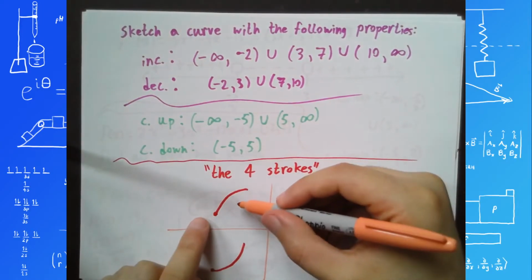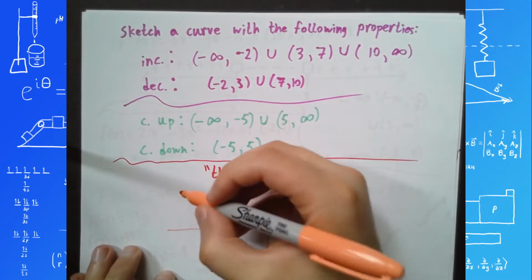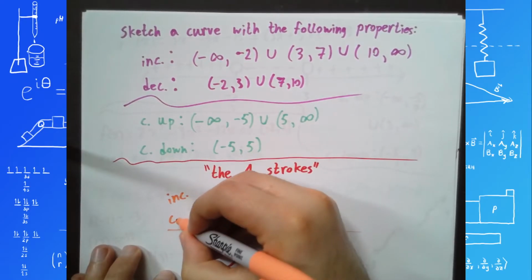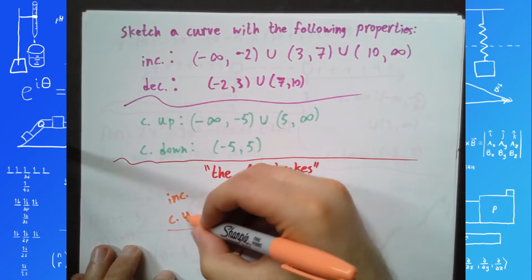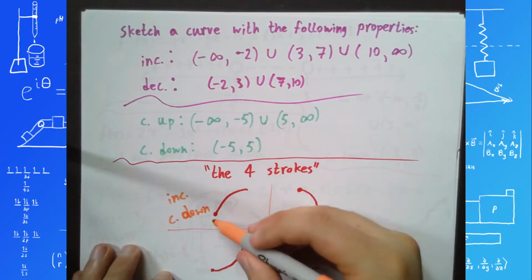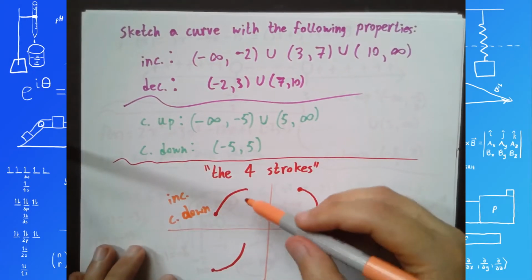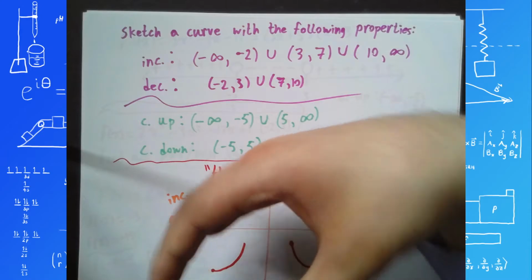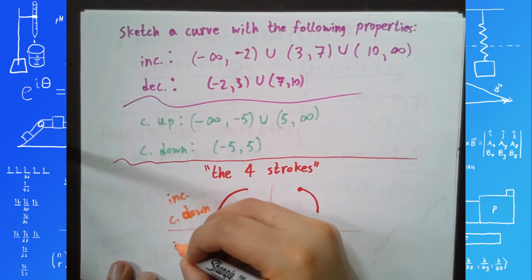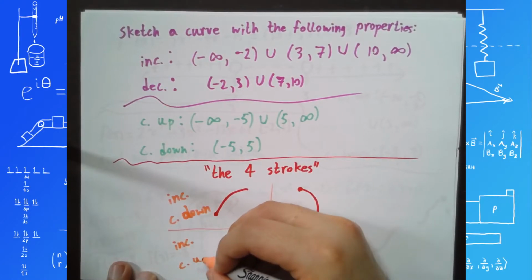So this is an example of a portion of a graph that is increasing and concave down. Goes up as you go to the right and is down like a frown. This over here is what it looks like if it's still increasing but concave up.